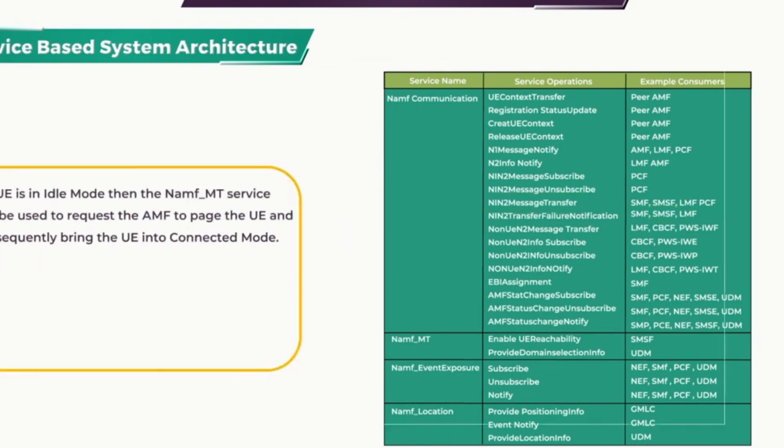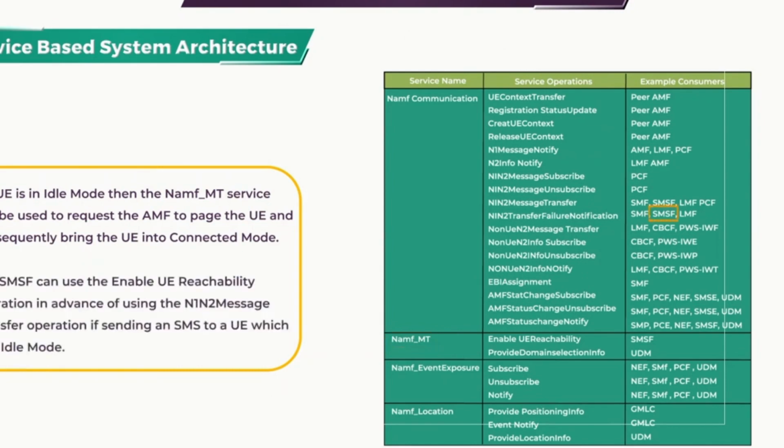If a UE is in idle mode, then the NAMF-NT service can be used to request the AMF to page the UE and consequently bring the UE into connected mode. For example, the SMSF can use the enable UE reachability operation in advance of using the N1-N2 message transfer operation if sending an SMS to a UE which is in idle mode.